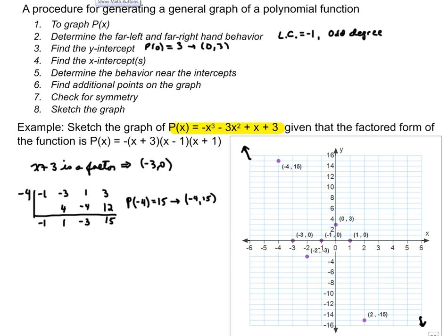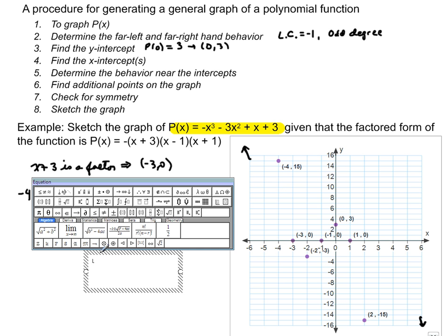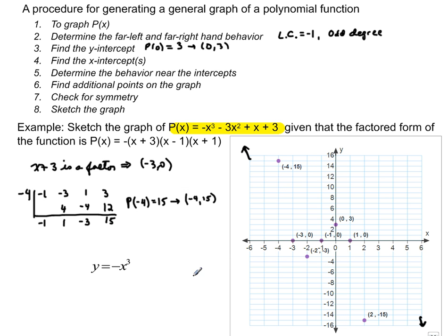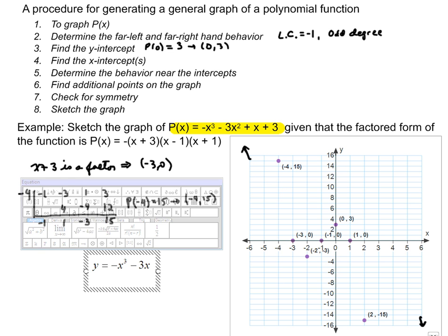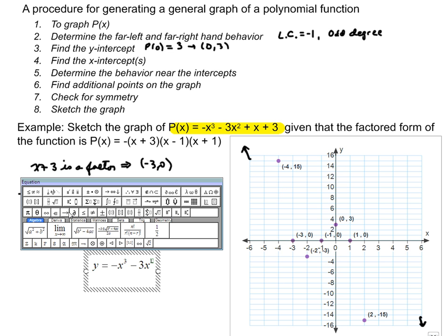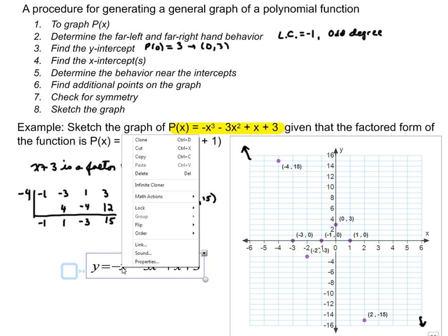So what happens if I graph this function, y equals negative x cubed minus 3x squared plus x plus 3, and plot it out?